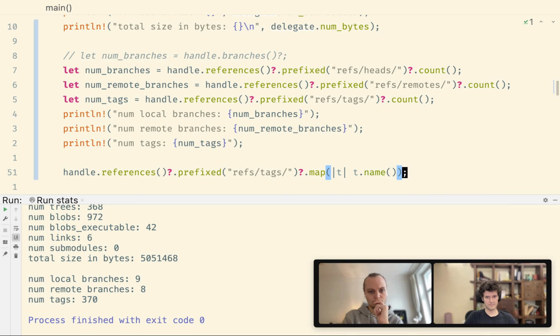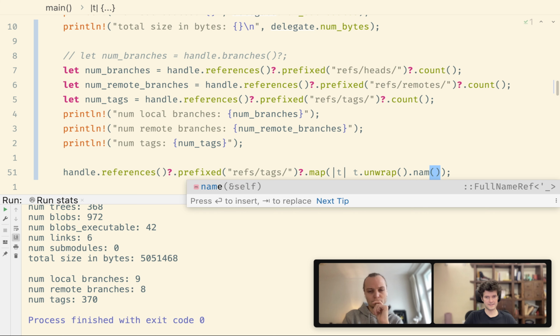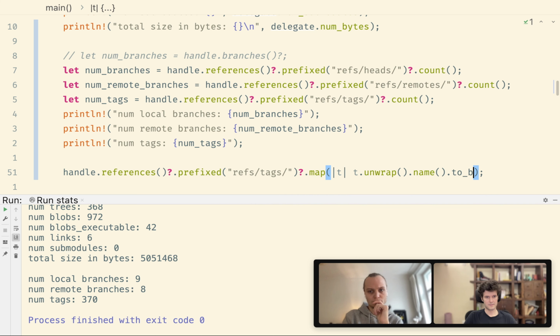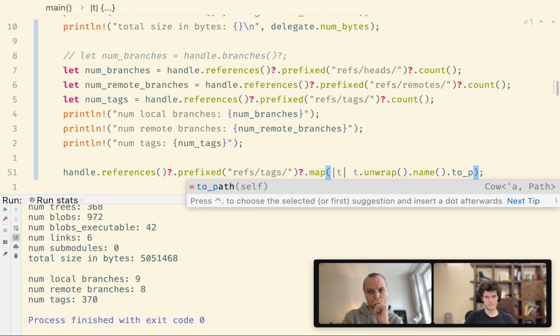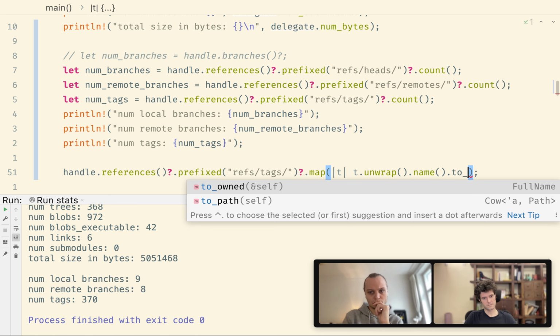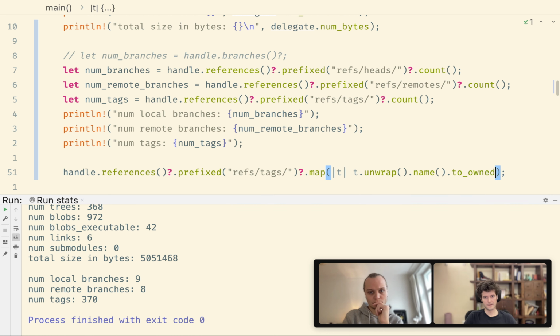Do we get a tag name here? No method name found on result. Ah, yeah, right. Let's just unwrap this right here. Now the IntelliSense is back to path. Okay, fine. To path works for me. So now we have something here to work with.